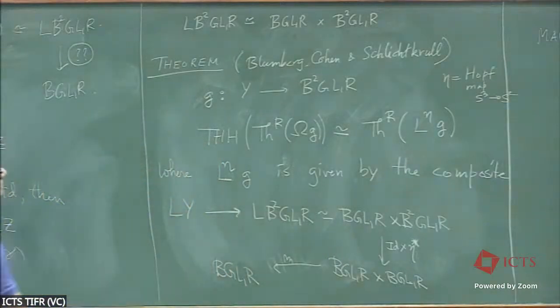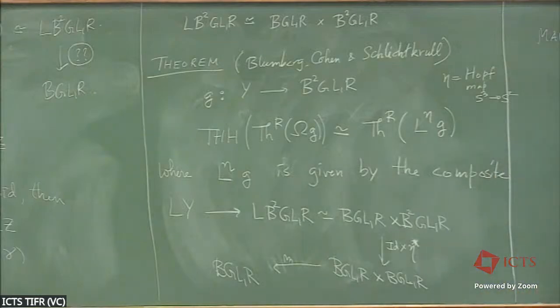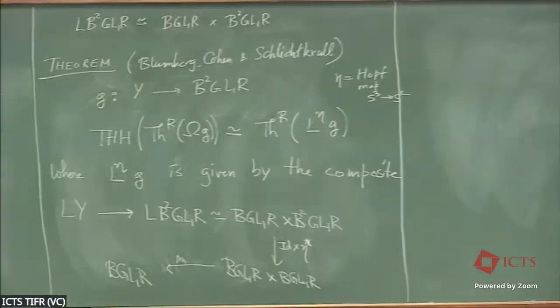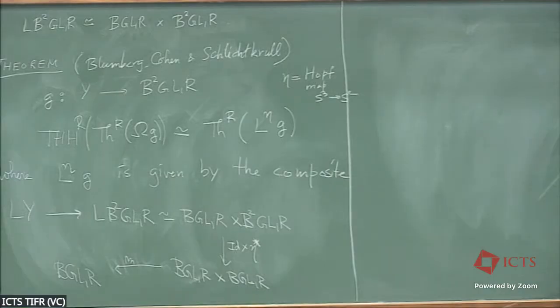So this entire composite is denoted by L eta of g. Here Y is a space. You don't need any assumption on Y. So we will apply it to a bunch of examples and then we will see what kind of answers you get.